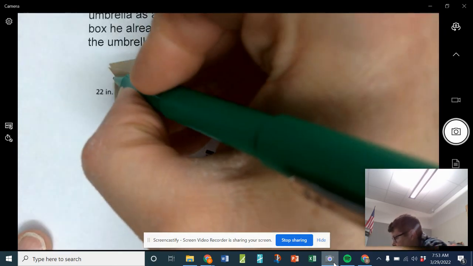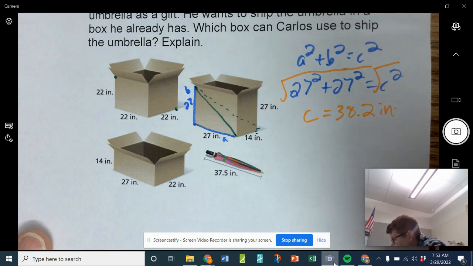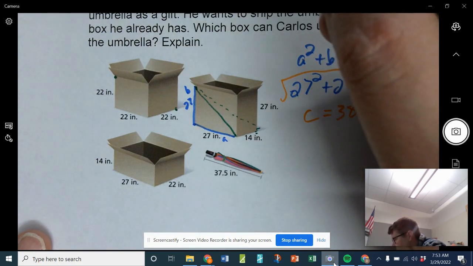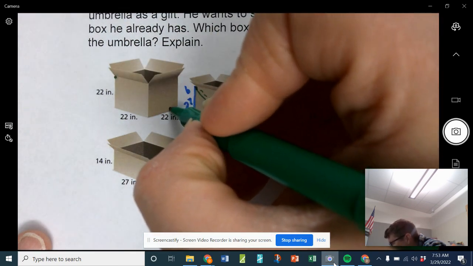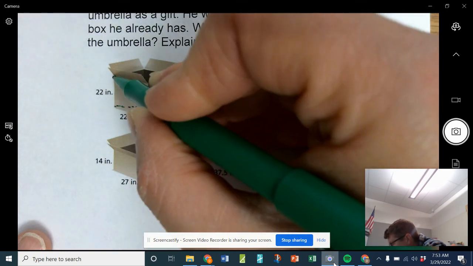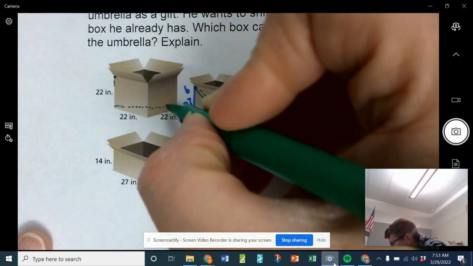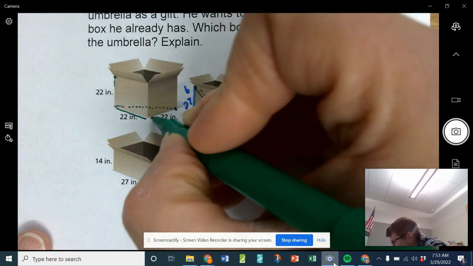So let's try it on this one. We'll see if it'll fit from that corner to that corner. We have to figure out the side right here, because that'll give us the diagonal going through the middle. We have this 22 and this 22.